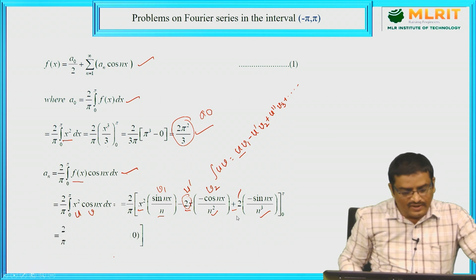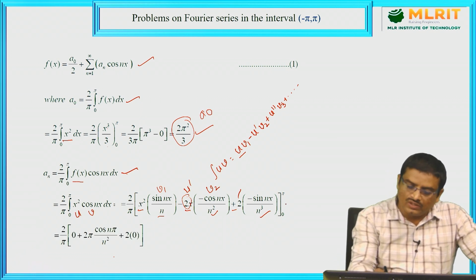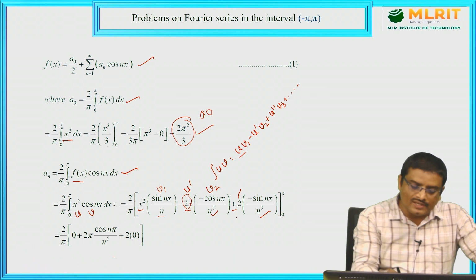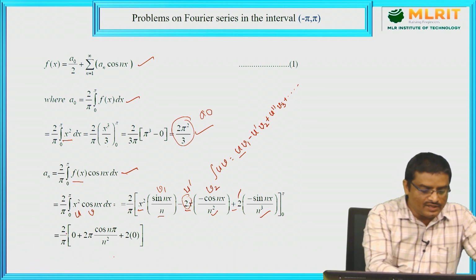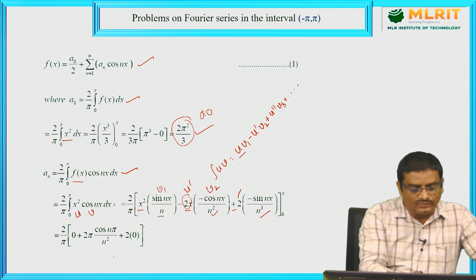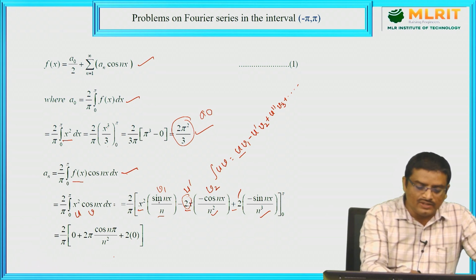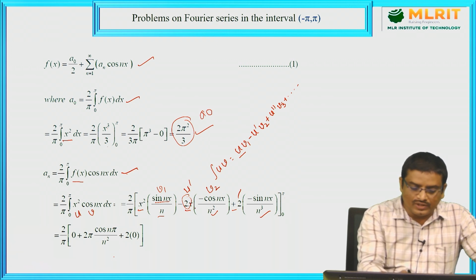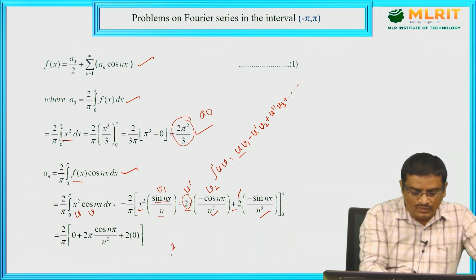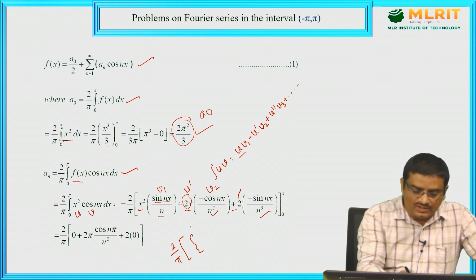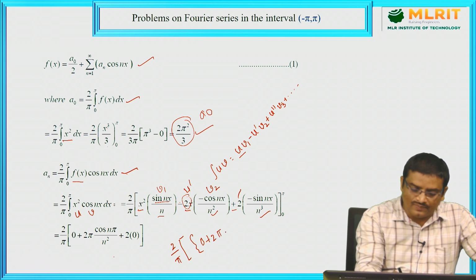Now simplify this, and by substituting pi and 0 as the upper limit and lower limit, you will get that value equal to 2 by pi and 0. If you substitute pi here, you will get sin n pi. Sin n pi is 0, so we can neglect this. And here minus 2x, replace x with pi, minus into minus gives plus, so you get 2 pi cos n pi by n square.